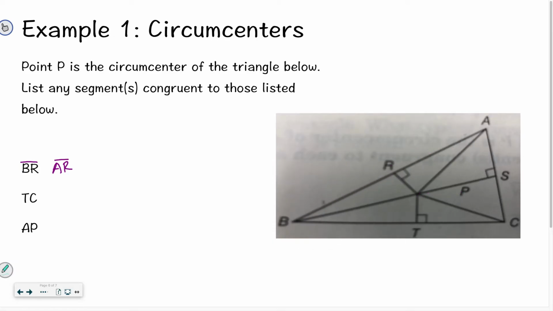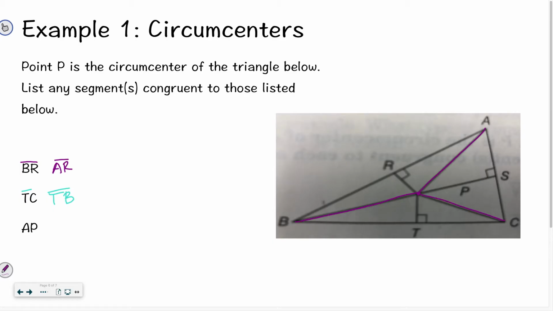If I look at the next one, TC, here's my perpendicular bisector, that would be equal to TB. And my last one, AP. Going from a vertex to the circumcenter is the same as going from any vertex to the circumcenter.